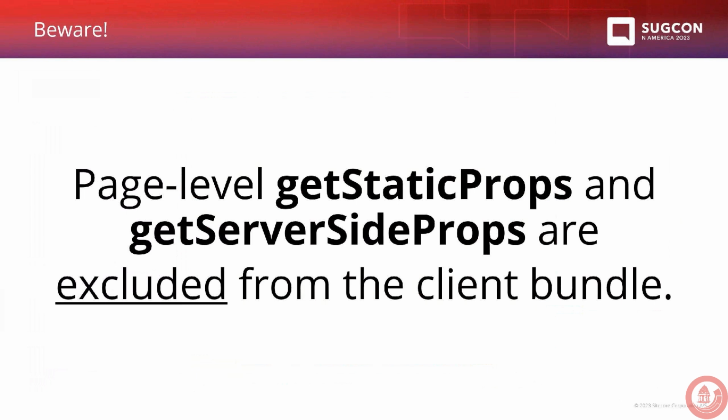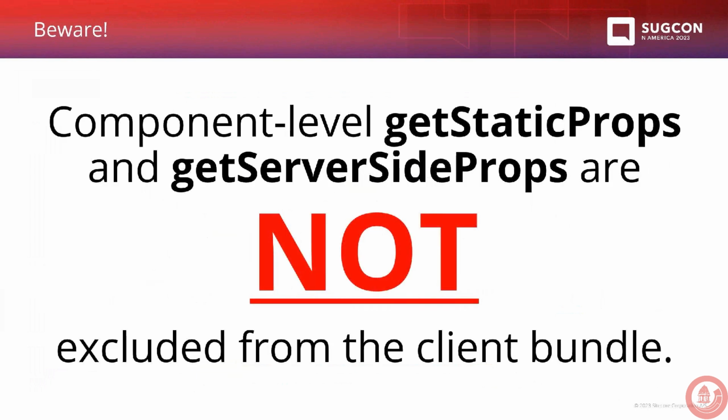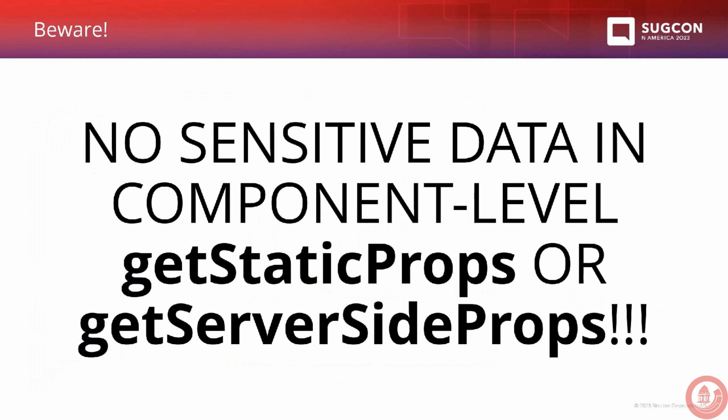However, component level getStaticProps and getServerSideProps are not excluded from the client bundle for versions of JSS before 21.6.4. This is a bug in the JSS Next.js SDK. So if you're using a version of JSS before 21.6.4, you must take very special care that you do not include any kind of sensitive data in those component level getStaticProps or getServerSideProps methods.